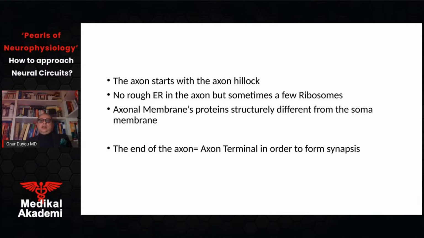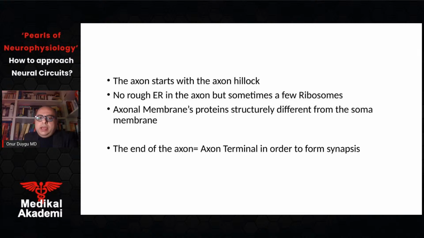The axon starts with the axon hillock. It's very important. The hillock is like a process anatomically, and it is called the axon hillock. Another important feature is that there is no rough endoplasmic reticulum in the axon, though sometimes ribosomes are present. This is the main characteristic of the axon area: no rough endoplasmic reticulum.